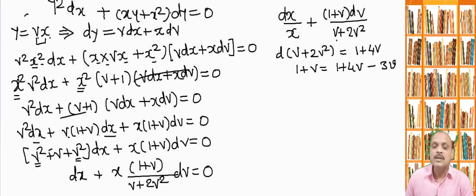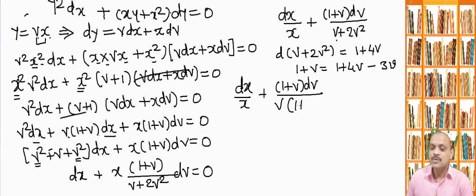this is one method of how we can separate the numerator, and another method is partial fraction. If we write this denominator as v into 1 plus 2v, let me write first, so that will be a very easy method. dx divided by x plus 1 plus v into dv divided by, if we take v common, we get here 1 plus 2v equal to 0.